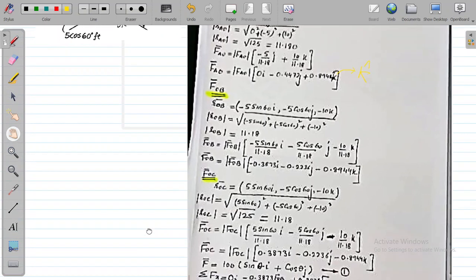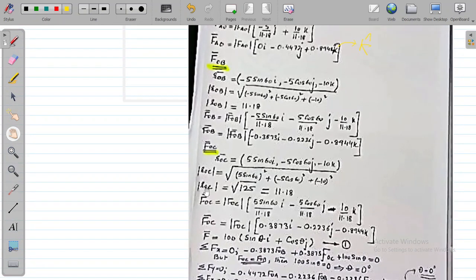Again the same approach: you have calculated ROC, and you take the ROC mod. It will be the square root of 5 sin 60 the whole square plus minus 5 cos 60 the whole square and plus minus 10 the whole square. You simplify it, and you again get ROC as the square root of 125.